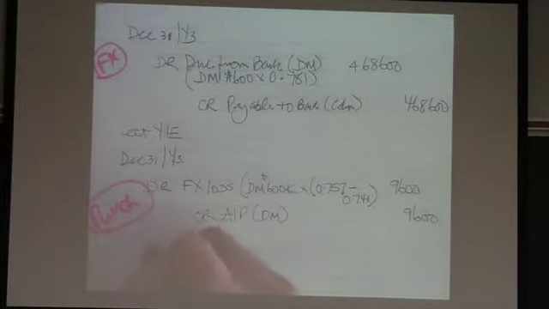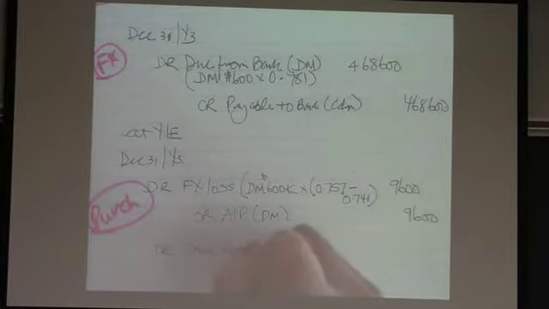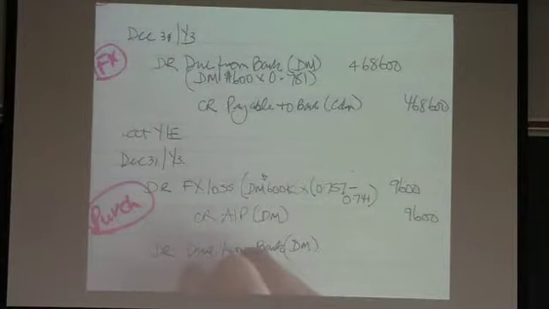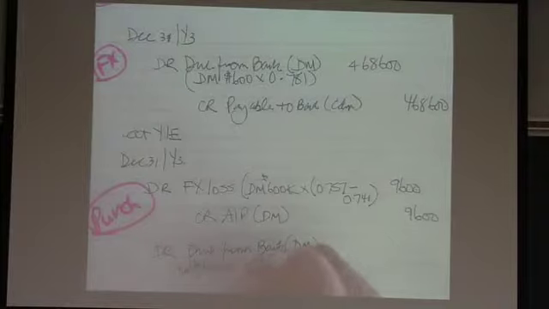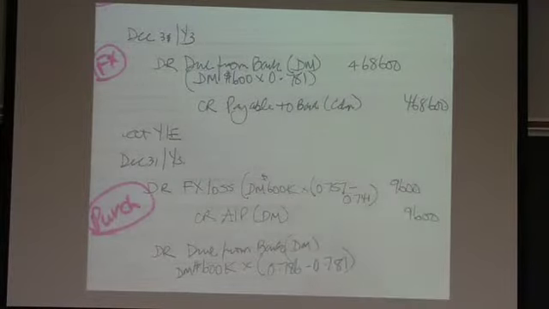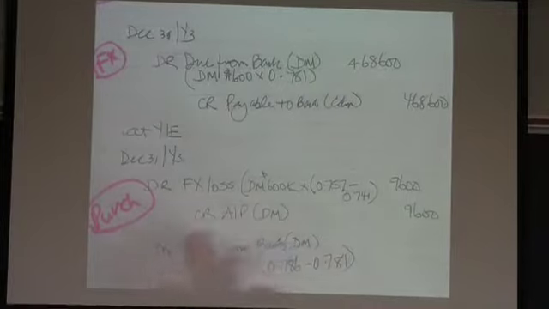So we need to debit due from bank DM currency, and that would be DM 600K times the difference of 0.786 minus 0.781. That difference is 5 cents times 6.